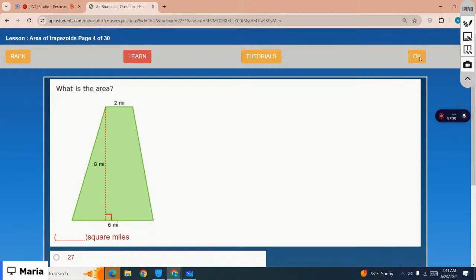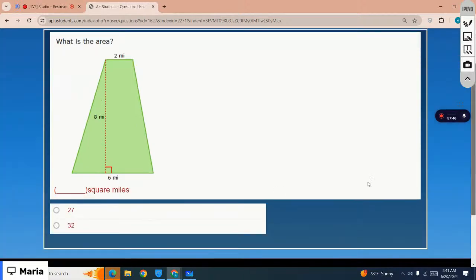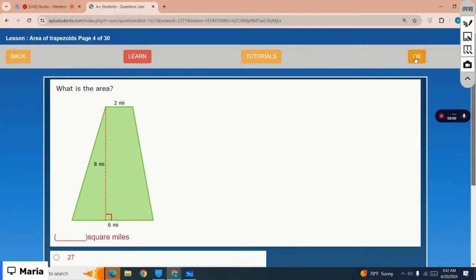What is the area? Which is the correct option? 6 times 2 is 12. 6 plus 2 is 8. 8 times 8 is 64. 32 it is. The correct option is 32.